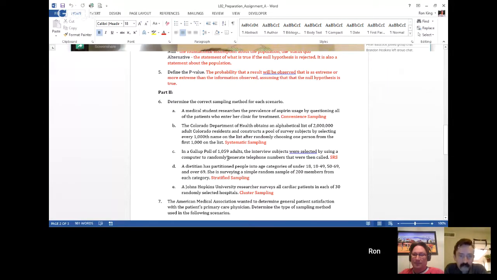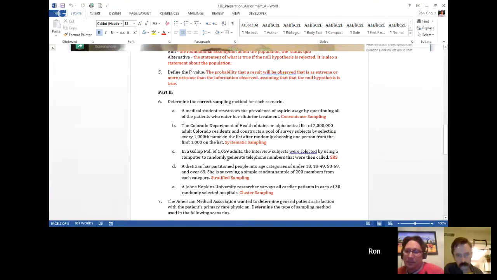Okay, so I'll start off with question 6, then we'll just take turns with question 7 and 8. Question 6, determine the correct sampling method for each scenario. A medical student researches the prevalence of aspirin usage by questioning all of the patients who enter her clinic for treatment. For that one, I put convenient sampling. That is the same answer I got.